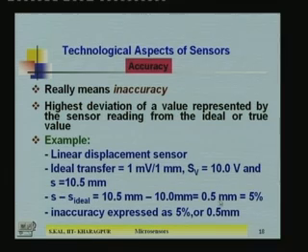So, 0.5 millimeter in 10 millimeter means it is 5%. So, inaccuracy is here 5%. Inaccuracy is expressed as 5% or 0.5 millimeter. That is basically how the inaccuracy, or in other words the accuracy, is defined, in percentage.